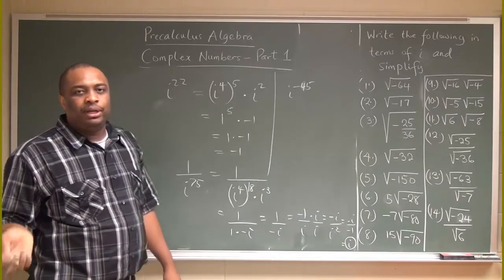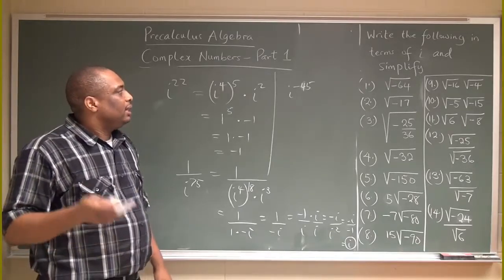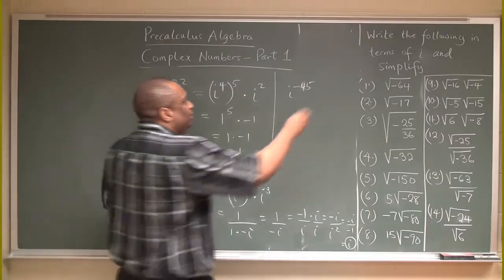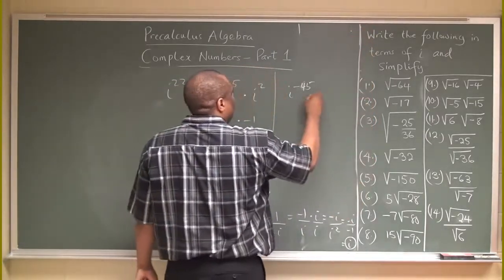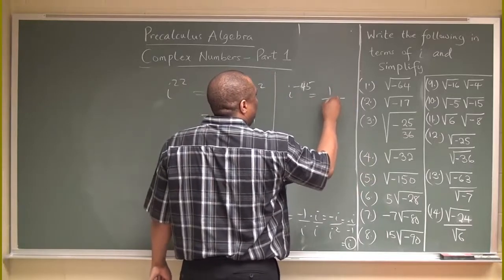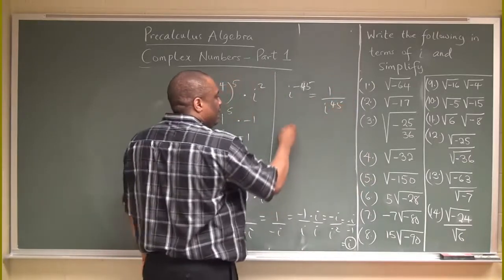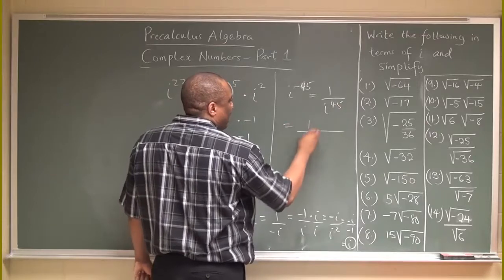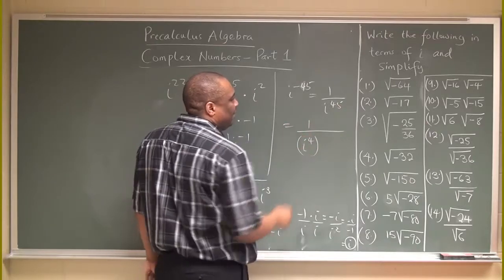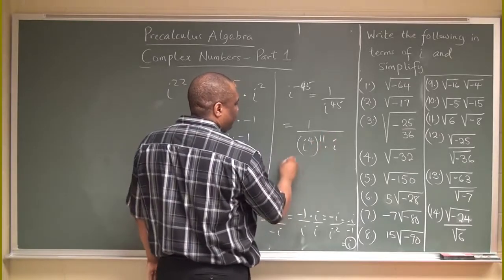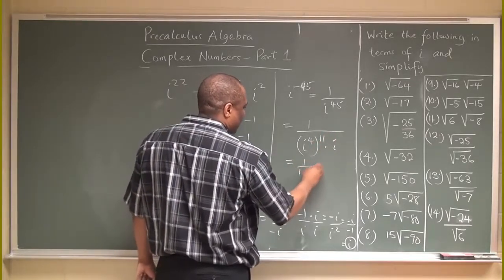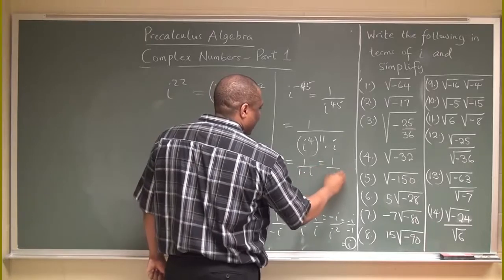Now you want to deal with only positive exponents, so you use the law of exponents. When you use the law of exponents, you have 1 over i raised to power 45, and that will be 1 over i raised to power 4. How many 4s are in 45? 11 times i, which is 1 over 1 times i, which is 1 over i.